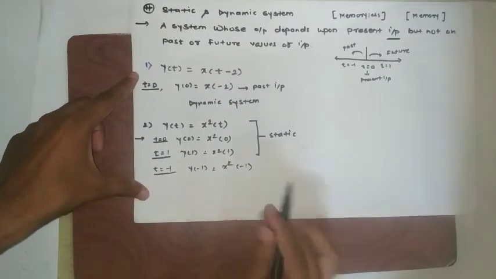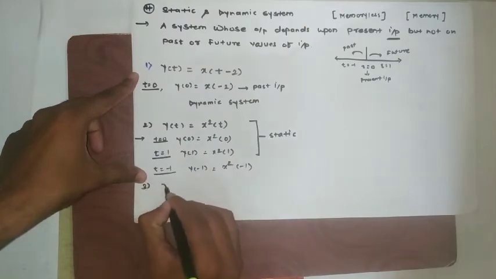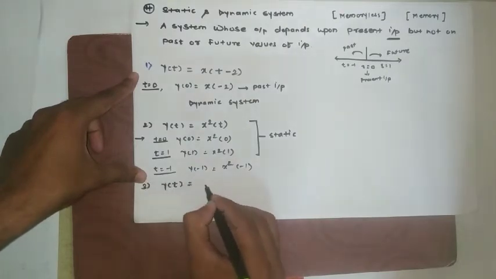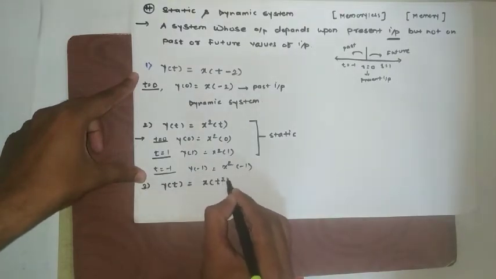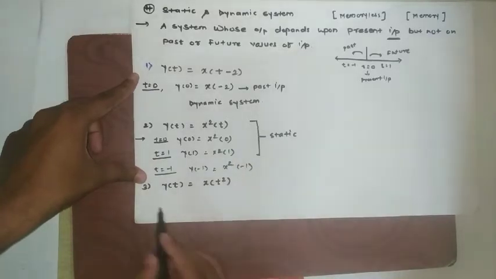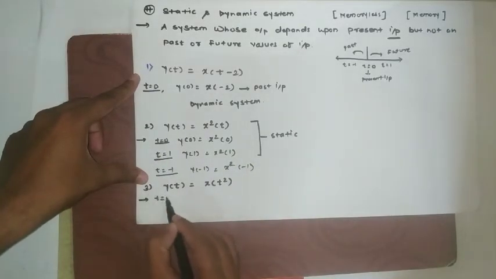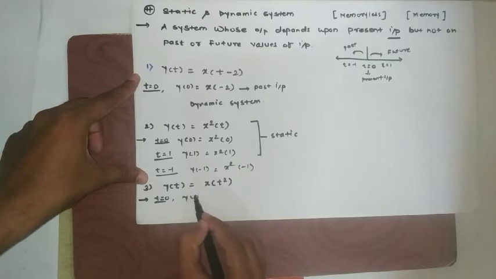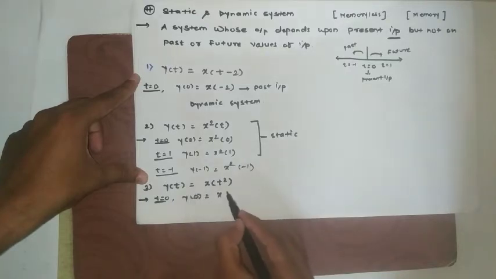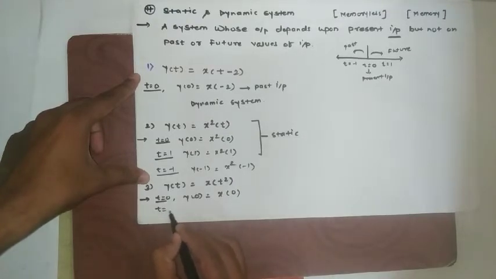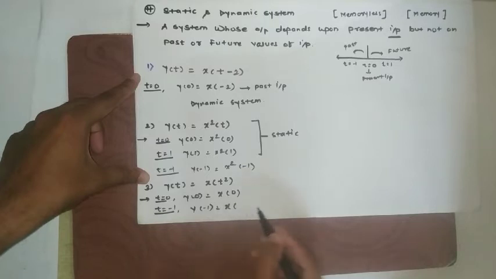Now I will come across the third example. Suppose y(t) is given as x(t²). Now for t = 0, we will not get any term for identification, because 0 squared is 0, so y(0) is a function of x(0). Now when we consider t = -1, we will get y(-1) = x(1), because (-1) squared is 1.